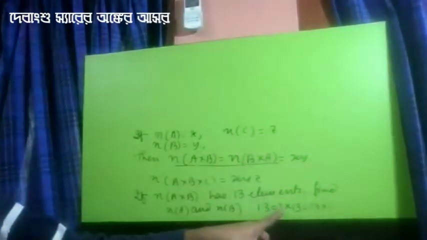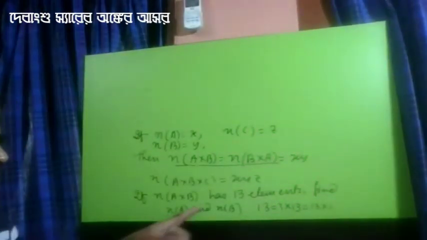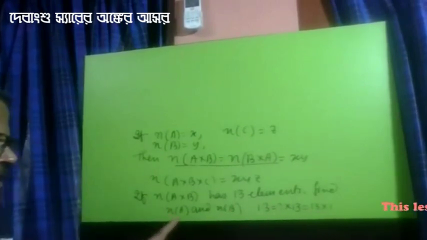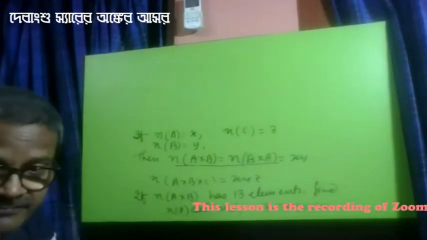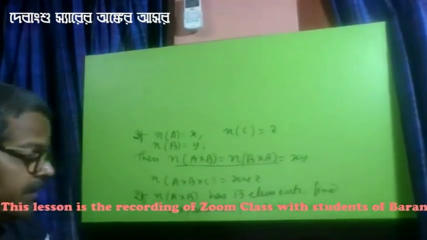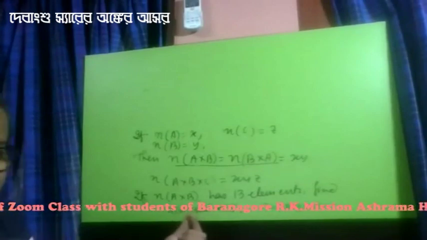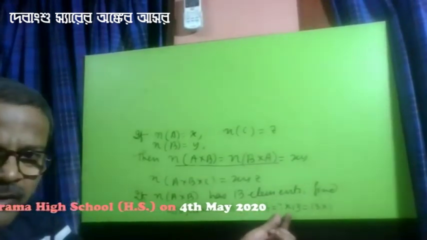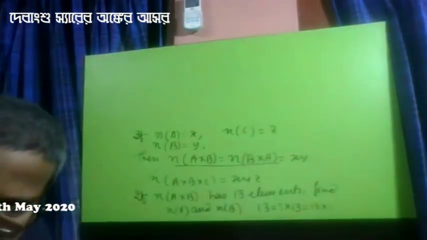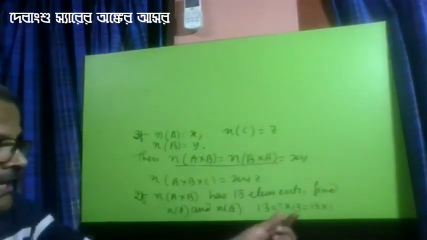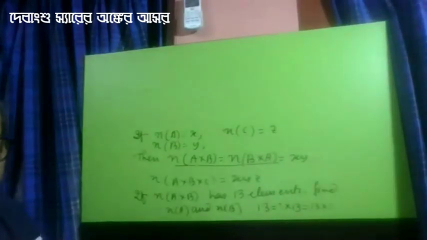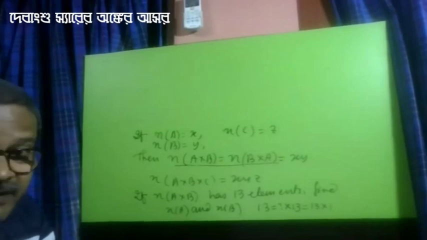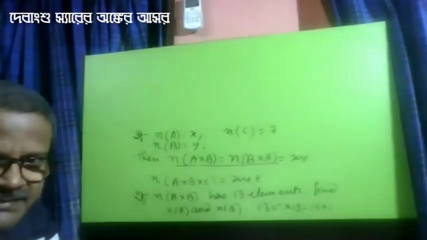If we take it as 1 into 13, then n(A) is 1. If we take it as 13 into 1, then n(A) is 13. So I have to find n(A) and n(B). So you have to write n(A) is equal to 1 when n(B) is 13, and n(A) is equal to 13 when n(B) is 1. This will be your answer. So your answer will look like this.